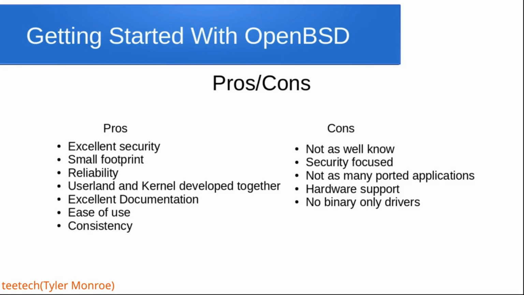First of all, OpenBSD is probably number one in the security space of operating systems. So they have excellent security. Secondly, they have a small footprint. Right now, my firewall is a Dell Optiplex GX1. If you don't know what that is, that was made in 1998.